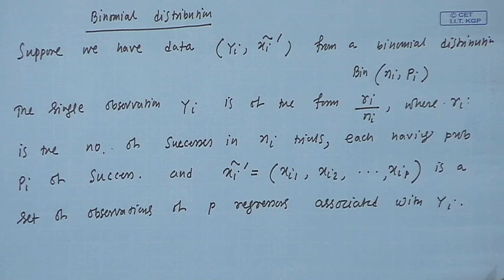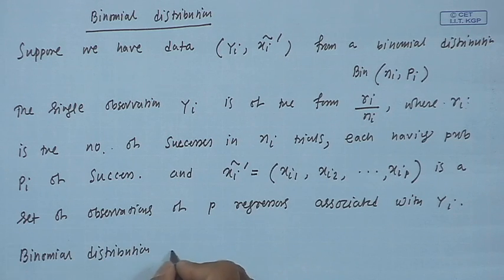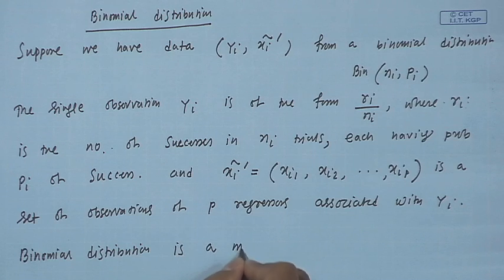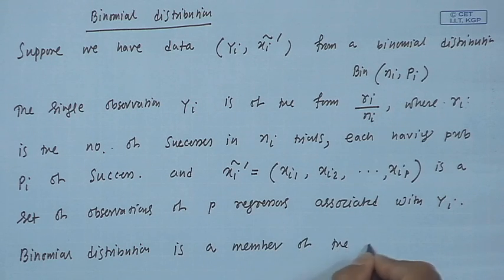Okay. And we know that this binomial distribution is a member of the exponential family. I will also give an example to illustrate this part.